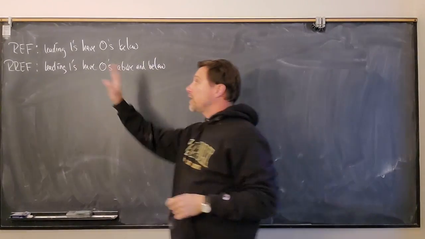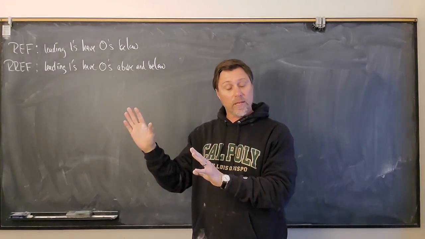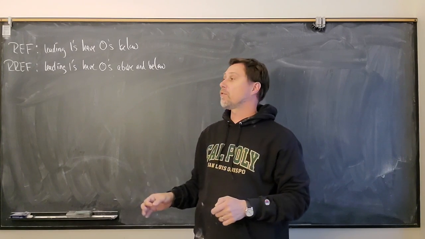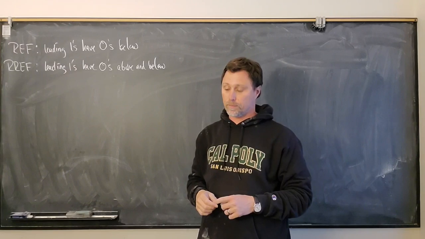So in fact, that's the only difference between row echelon form and reduced row echelon form. They will both have leading ones. In reduced row echelon form, you will see zeros both above and below each leading one.